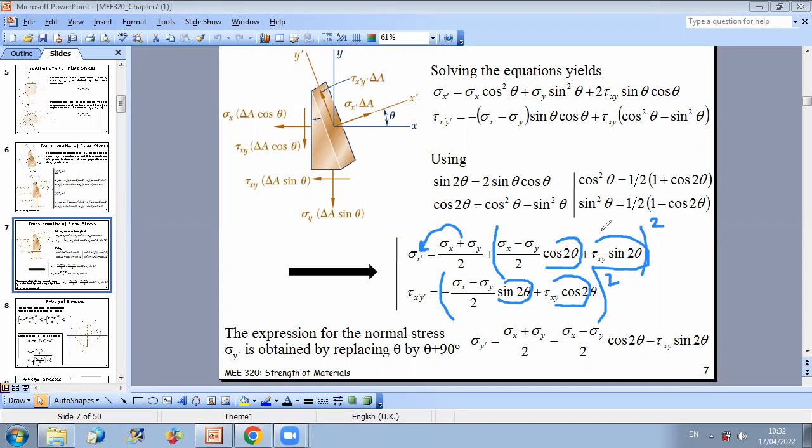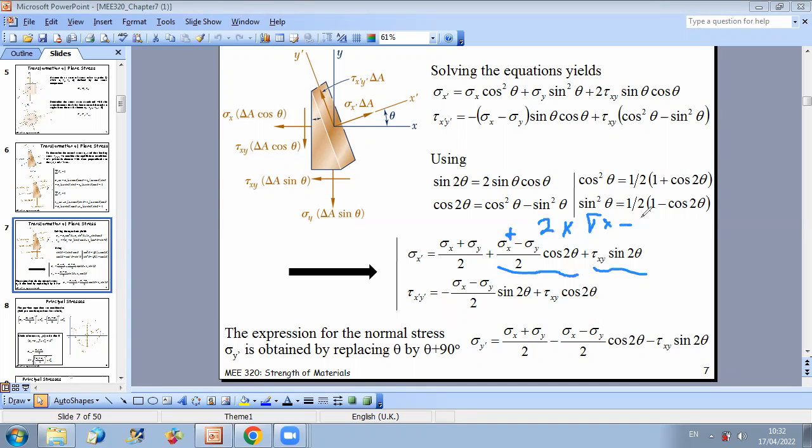And the 2ab terms will cancel out. For this term, you have plus 2 times (sigma x minus sigma y) over 2, cosine 2 theta, times tau xy sine 2 theta, which will give you exactly the opposite of the 2ab term of the second square.